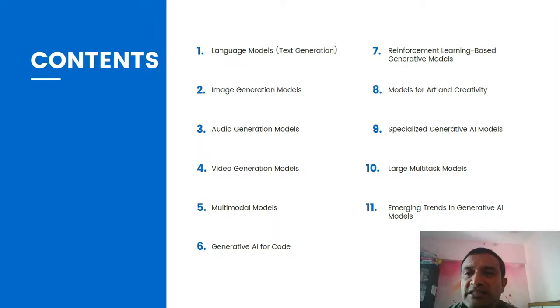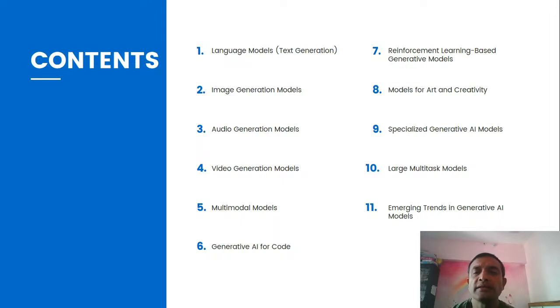Then reinforcement learning based generative models, and models for art and creativity, where you can give some input and based on that generate different types of art and use it for different creativities. Specialized generative AI models are for different specialized tasks. Large multitask models: one model can perform tasks for different purposes, for image generation, for summarizing, and for text generation.